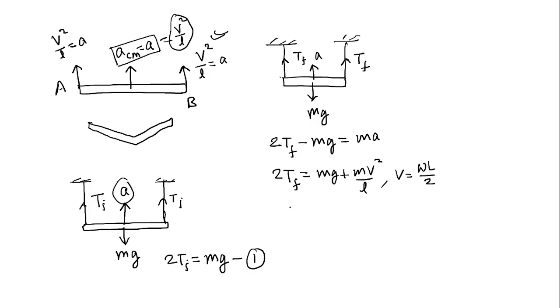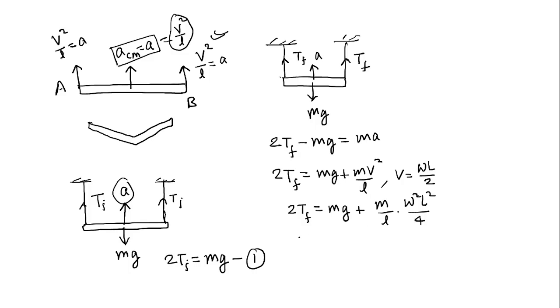So put it over here. What you get? 2Tf equal to mg plus m upon L times V square. That means omega square L square by 4.